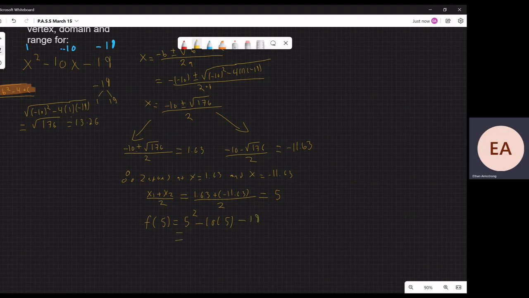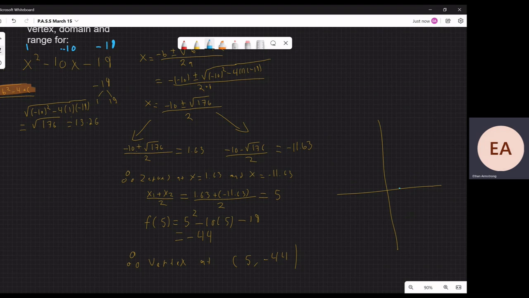And that will give you -44, and therefore the vertex is at 5, -44.